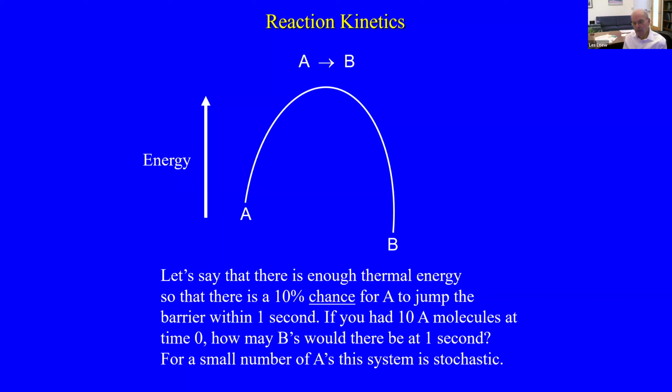We can make a good guess at how the system will behave. But every time we look at the system, trying to experiment, for example, with a small number of molecules, the answer may come out a little different. So that's probability, stochasticity, etc.